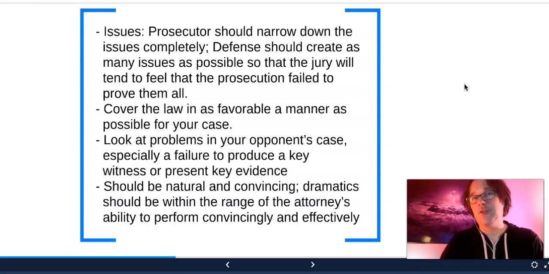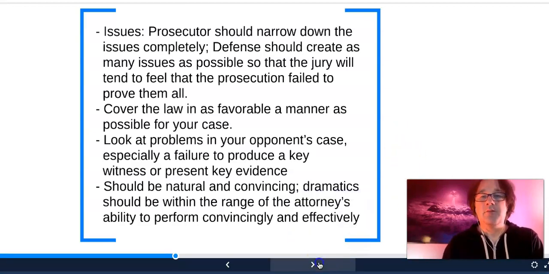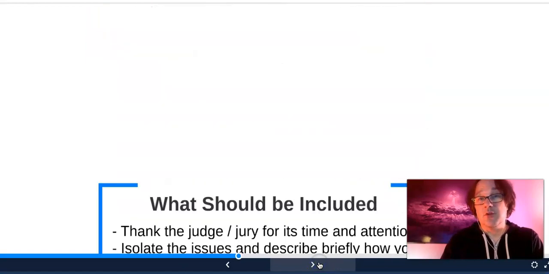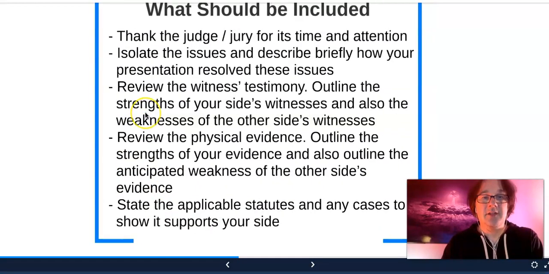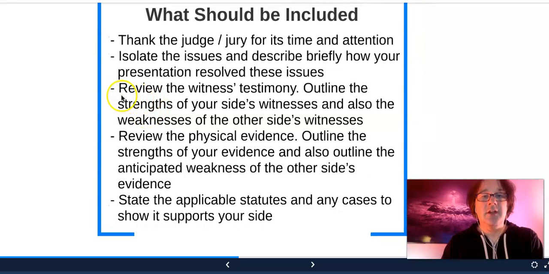People will see right through you if you're trying to fake anger, right? Or if you're trying to fake sadness or indignation or something. But if it's something that you can do, go ahead. The courtroom is the theater, basically, right? It's all a show here.